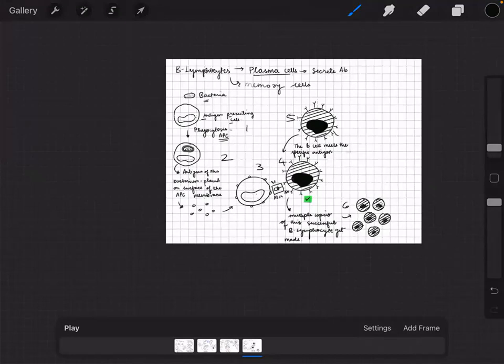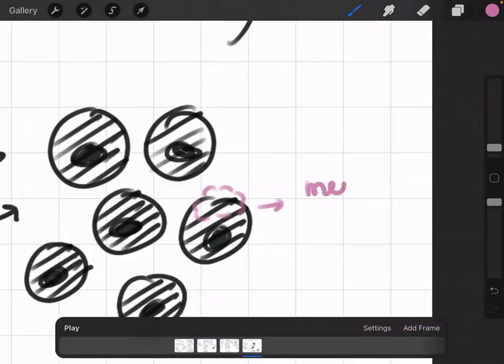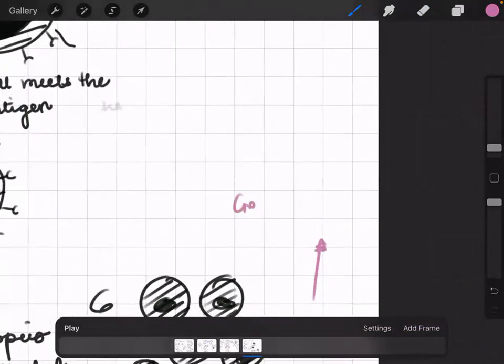Okay, so I'm going to draw a little bit of brain on one of the cells. Okay, this turns into a memory cell. And next time when you have an attack, it is only the memory cell that gets produced. So we'll write gets stored in the body.